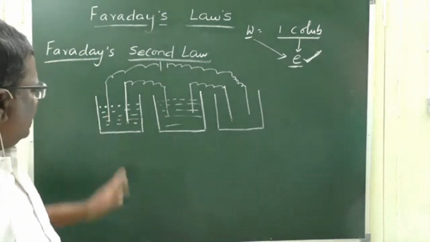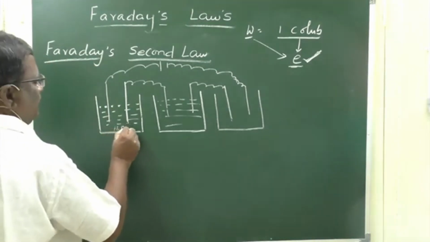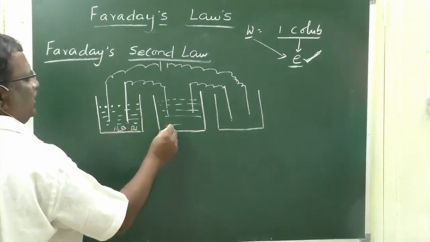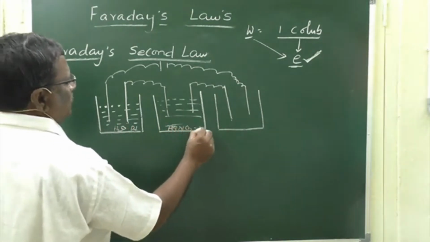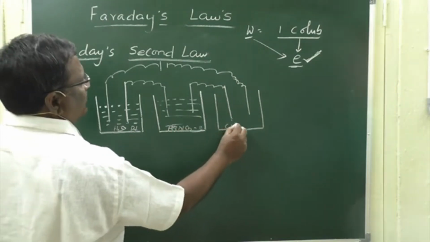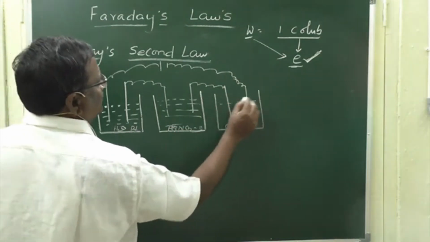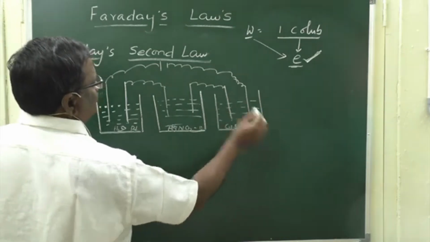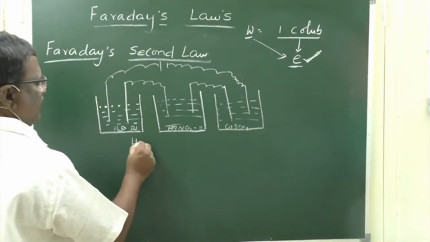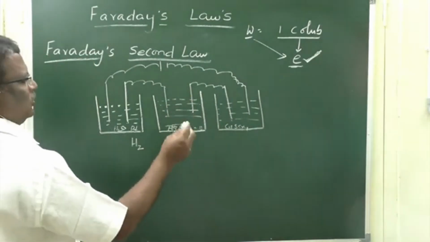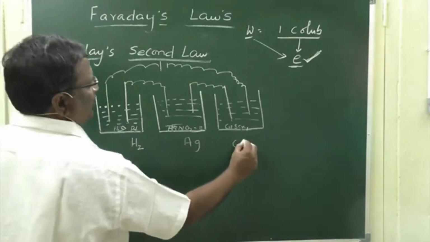Now let us take this one as acidulated water with platinum electrodes, AgNO3 with Ag electrodes, CuSO4 solution with copper electrodes. Now here at this cathode hydrogen gas is liberated, here at this cathode silver is deposited, here at this cathode copper is going to deposit.